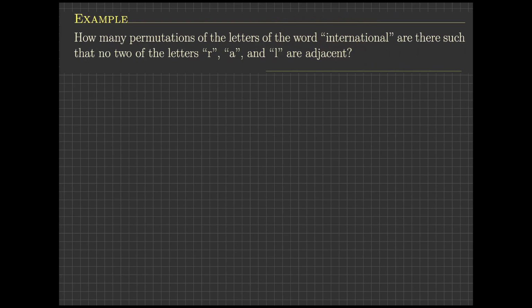Since there are two A's in the word international, A and A cannot also be adjacent, right? No, A and A can be adjacent, because my constraint is only about R, A, and L. The constraints are just in relation to those letters, not the letters themselves.